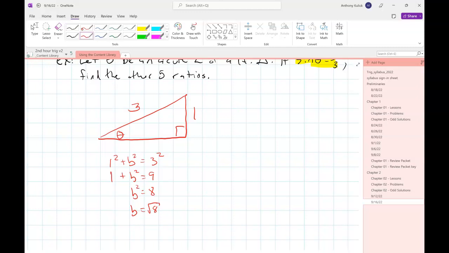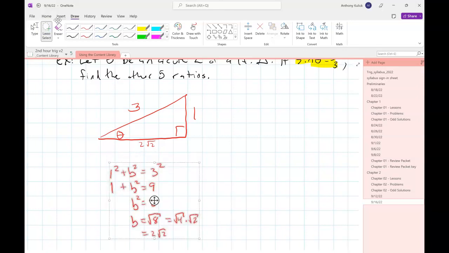So can I rewrite 8 as the product of a perfect square and another number? 4 and 2, right? So I could think about this as the square root of 4 times the square root of 2. And I know the square root of 4 is just 2, and I still have the times 2. Everybody good?